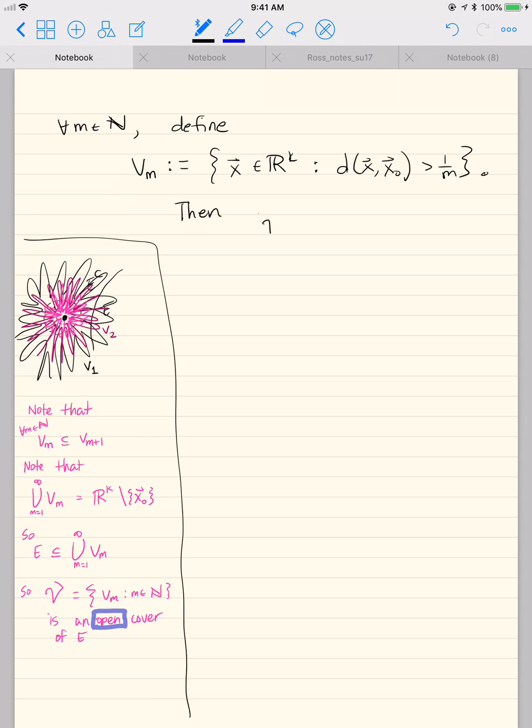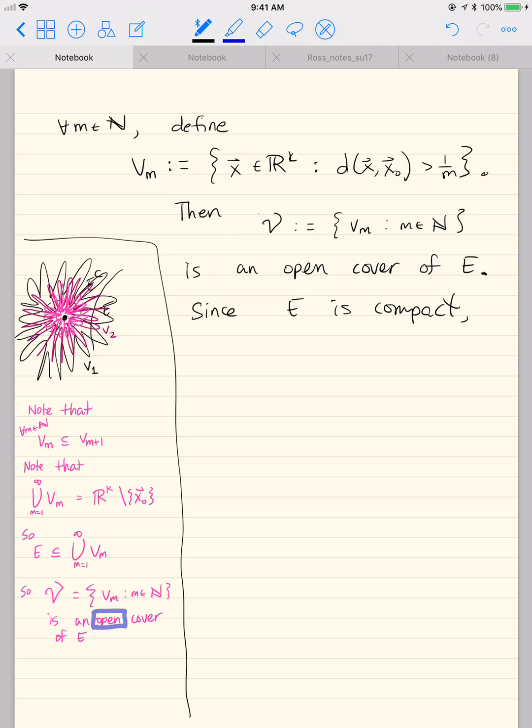Then script V, which is the set of V sub m, is an open cover of E. Since E is compact, script V reduces to a finite subcover.